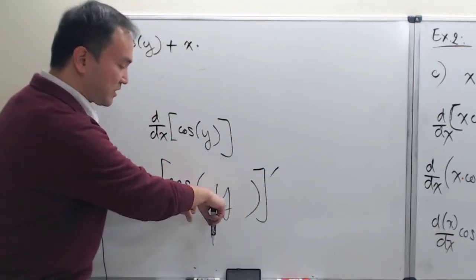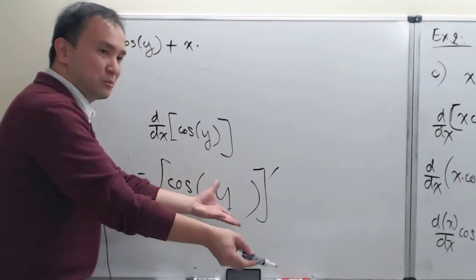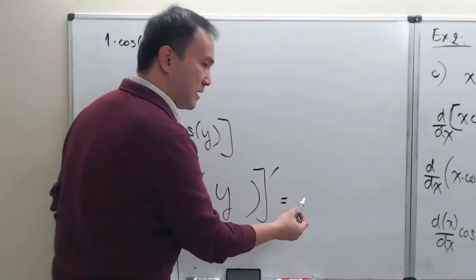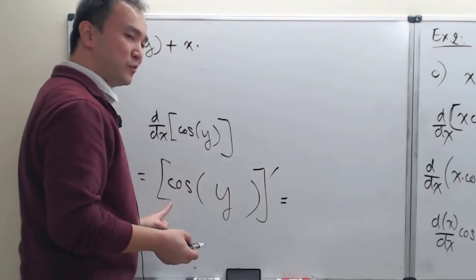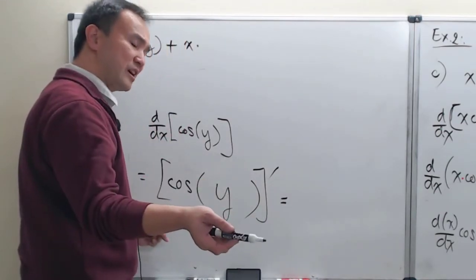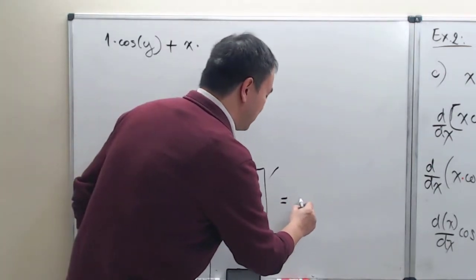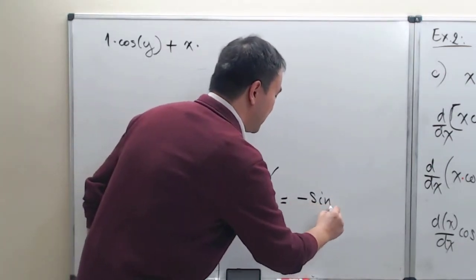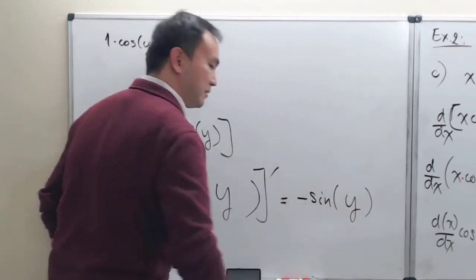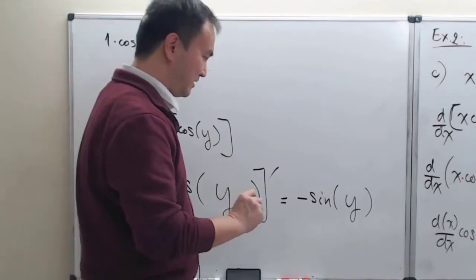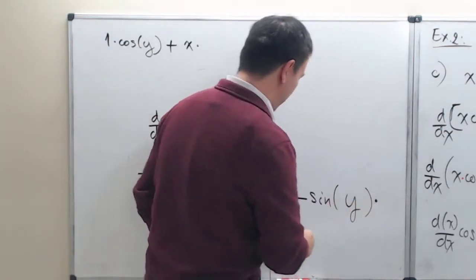The outside function, after taking the derivative, becomes negative sine of, and we keep the same inside. That's why I'm leaving that y there. But chain rule again says we're going to multiply by the derivative of the inside.